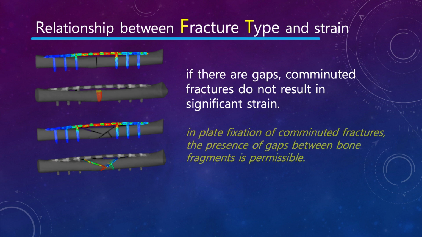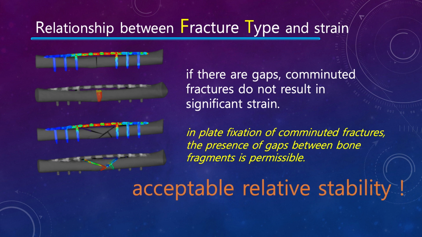In other words, in the plate fixation of comminuted fracture, the presence of a gap between the bone fragments is permissible. This indicates that it is acceptable even with relative stability.